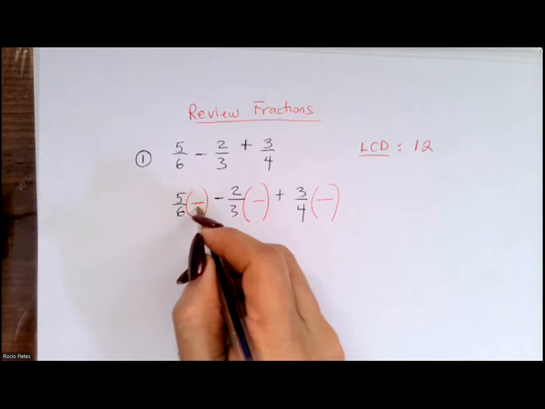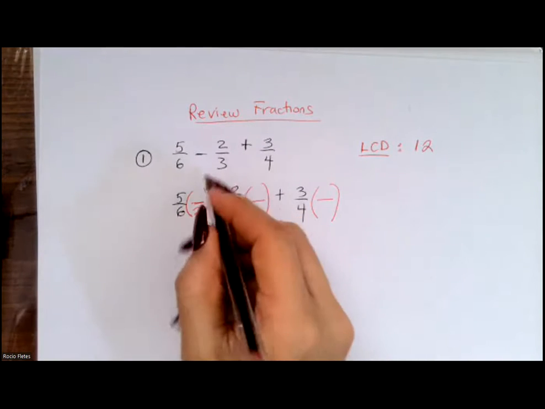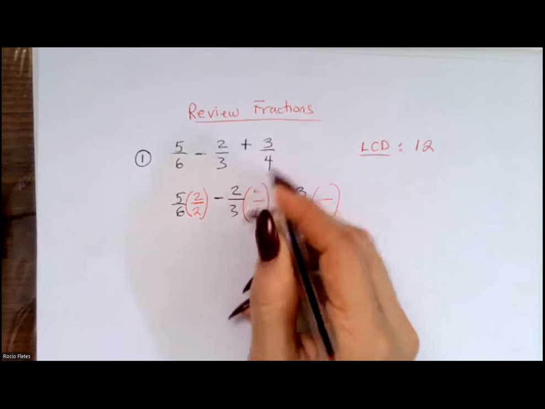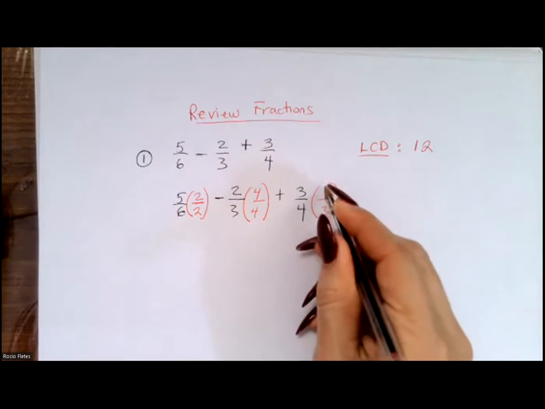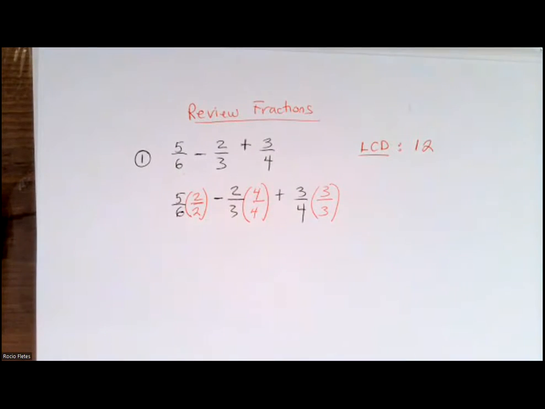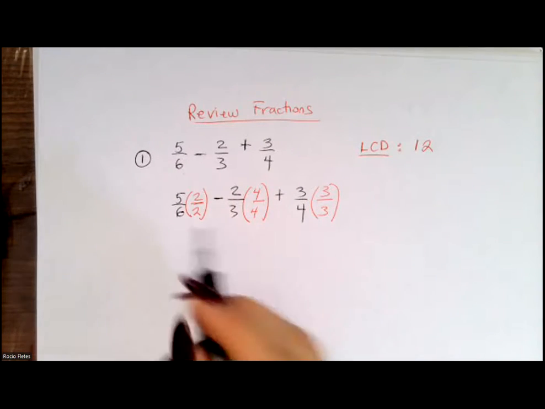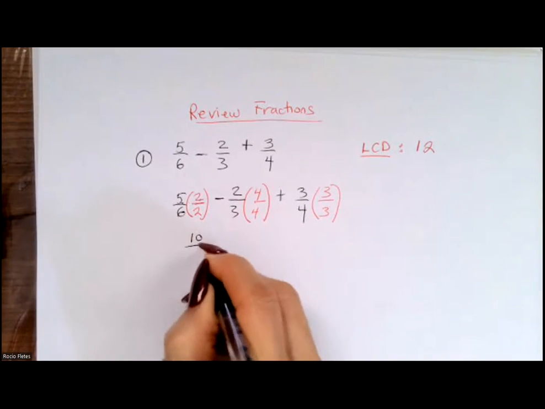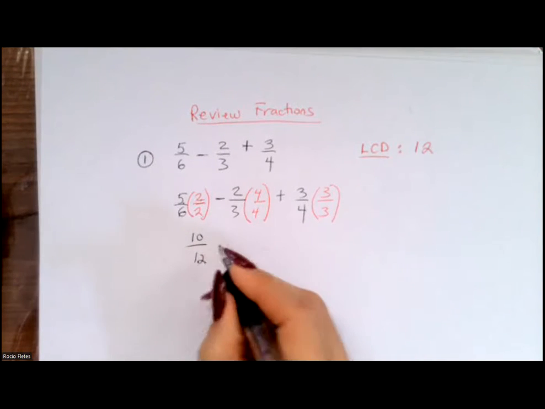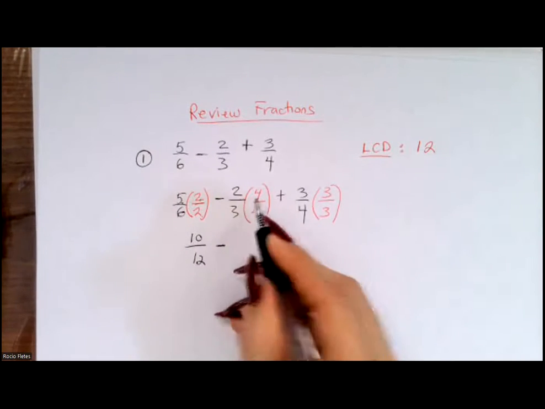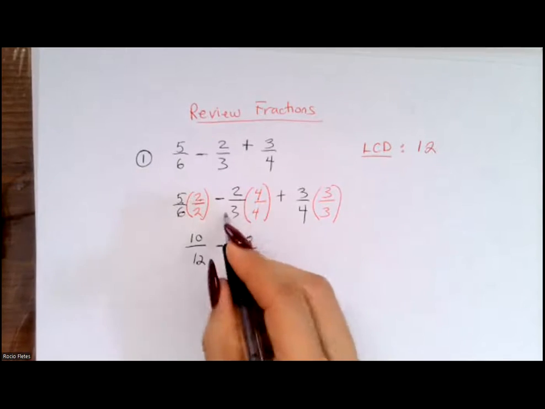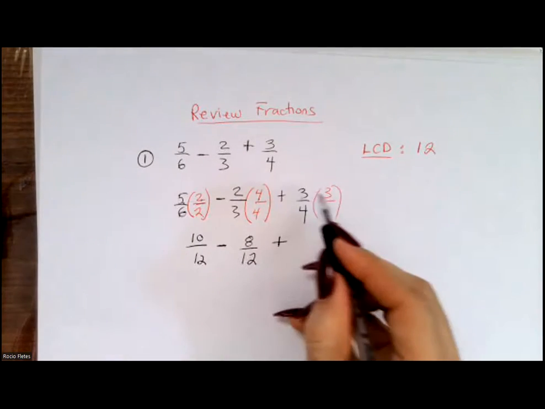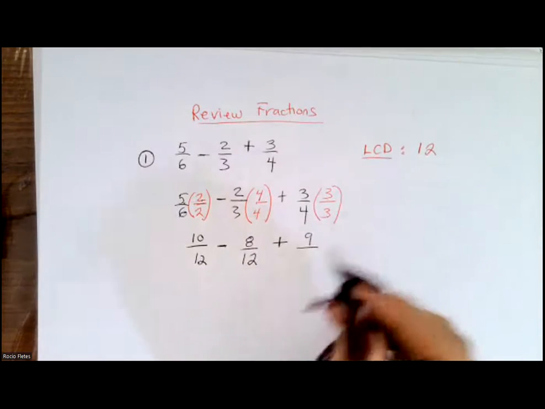So 6 times 2, and whatever you do to the denominator, you do to the numerator. 3 times 4, 4 times 3. So 5 times 2 equals 10, 6 times 2 equals 12. Minus 2 times 4 equals 8, 3 times 4 equals 12. And plus 3 times 3 equals 9, 4 times 3 equals 12.